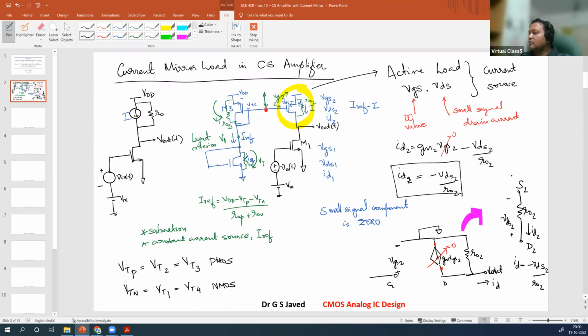So the entire small signal model of this transistor finally reduces to the output resistance of MOSFET M2, right? So now exactly what you wanted, a large output resistance present at this circuit, you are getting that benefit.